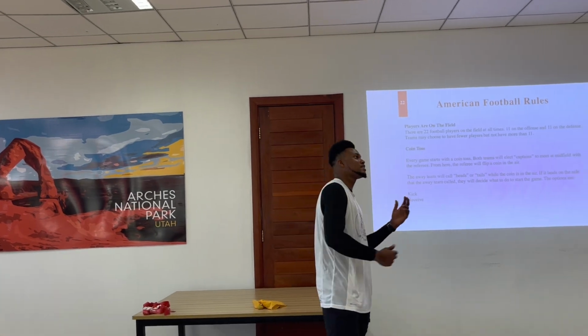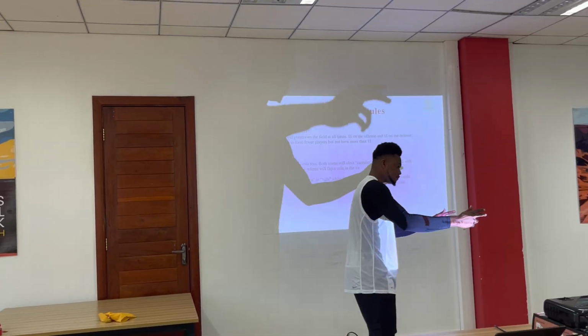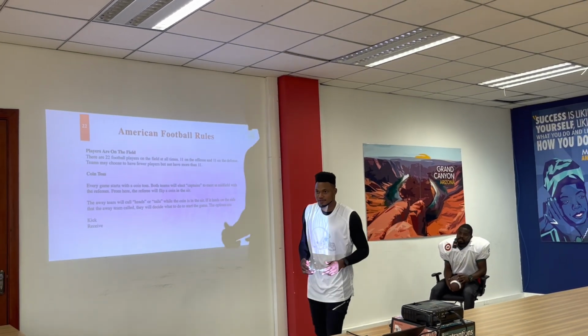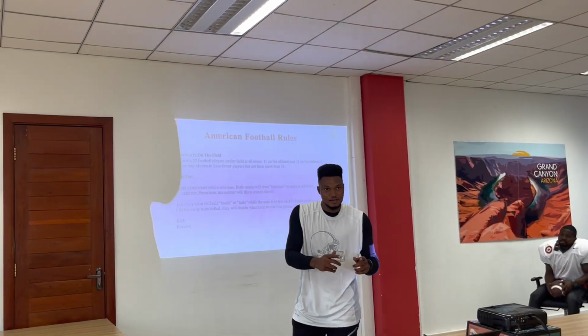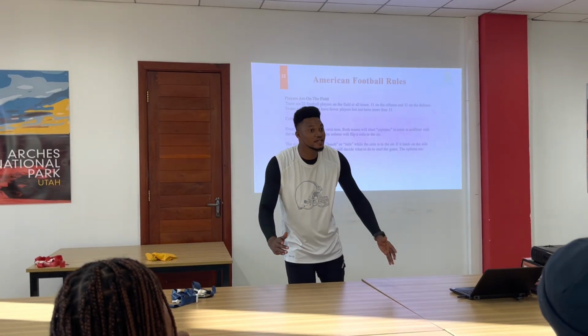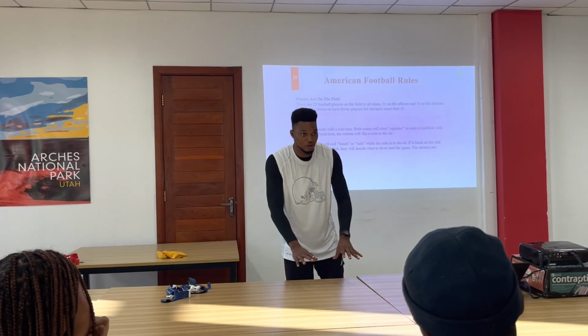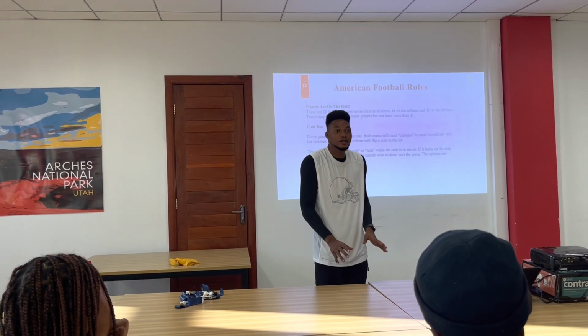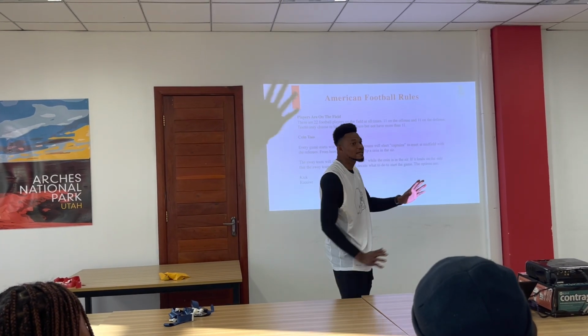At a specific time of play, there is a field goal range on the field. Please listen. There's a range that when you reach, you can easily kick the ball.